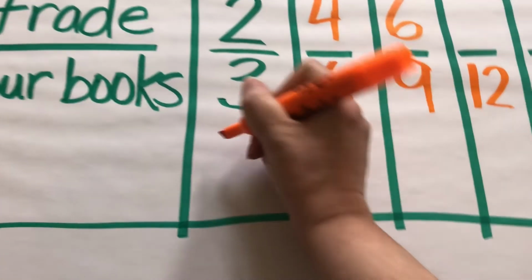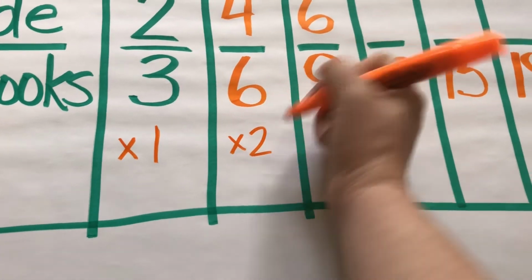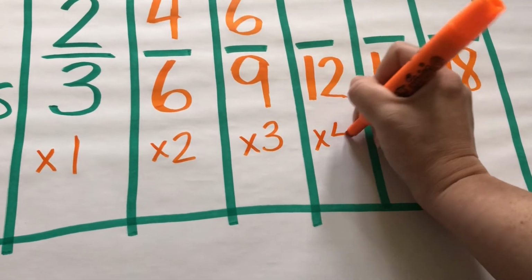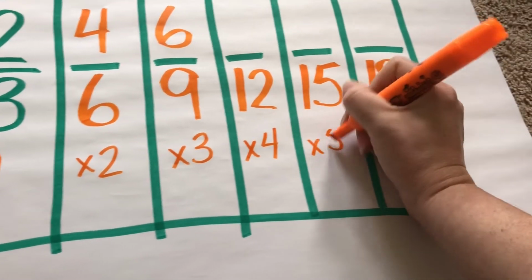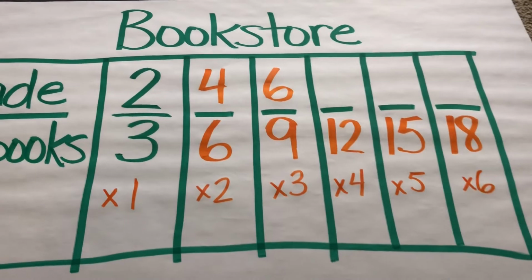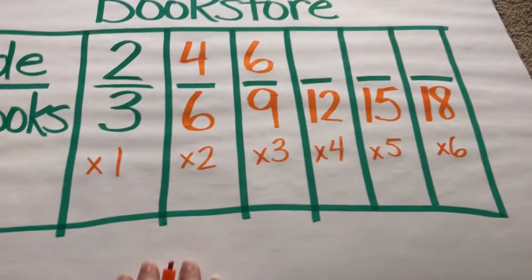And you can notice a little pattern here. This could help us out too. That's what we did when we came up with our multiples. We're going to do the same thing to get our numerators there on the top too.